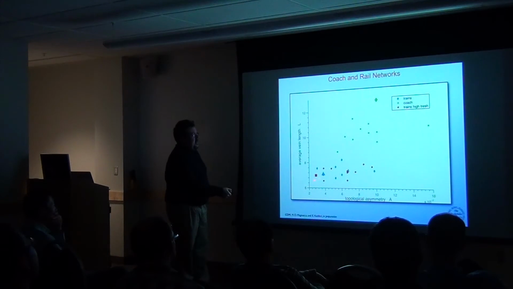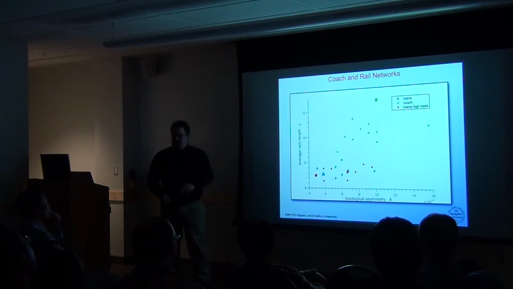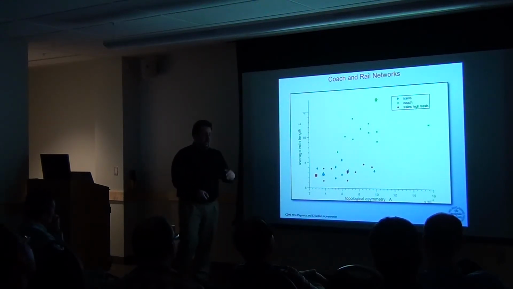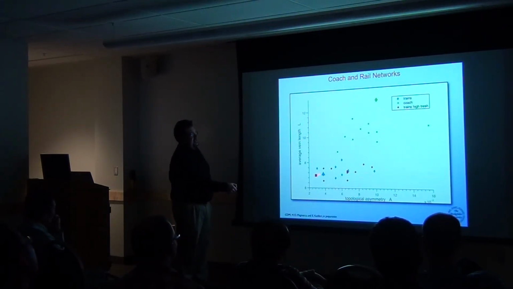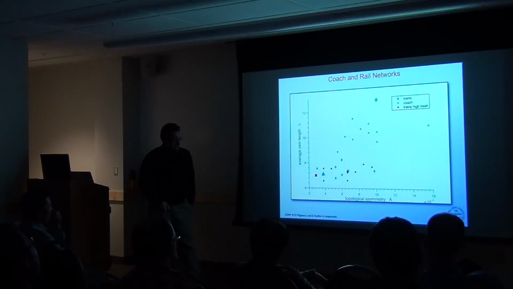The difference between the blue and red here, these are both trains, but for the red, you throw out some of the very, very small stuff and start with a reduced set. And basically, that doesn't change anything. But the real coach network and the real rail network are extremely different. And I think it's an interesting observation.